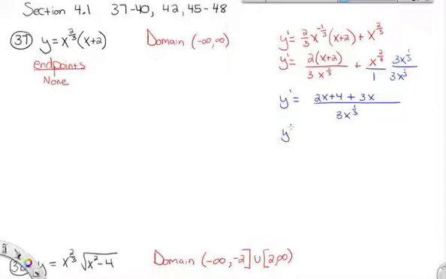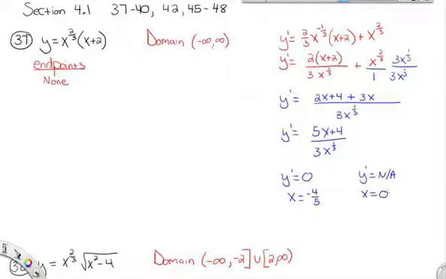And so my derivative is 5x plus 4 over 3x to the 1/3. So now I can quickly see that the derivative equals 0 when 5x plus 4 equals 0, which should be x equals negative 4/5, and the derivative is going to be undefined at x equals 0.